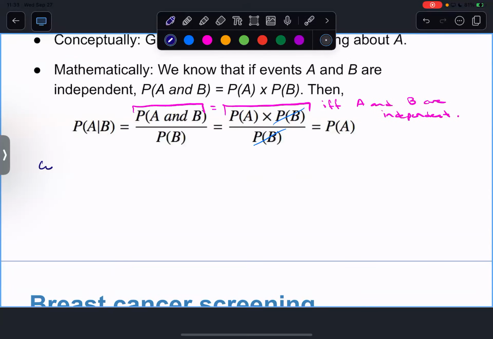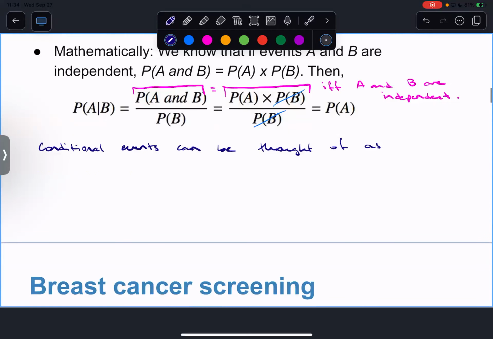Conditional events can be thought of as a first event followed by a second event.